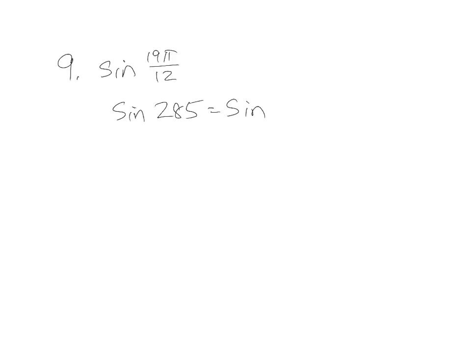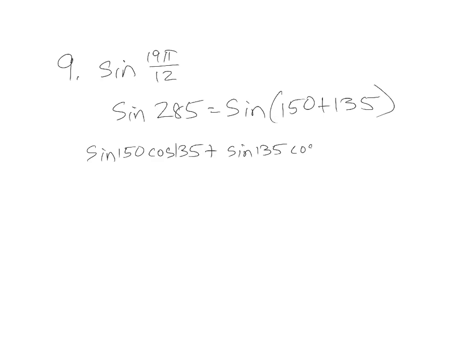On your unit circle. 150 plus 135. I'm sure there is another one that you could have used, but we'll use that. Okay? So now you use the plus formula for sine, which is the sine of 150 cosine of 135 plus the sine of 135 cosine of 150.